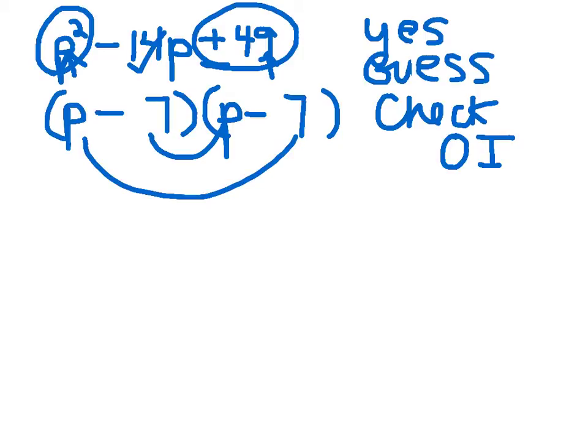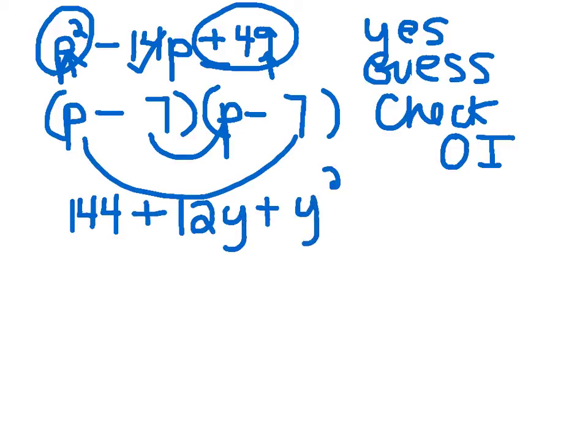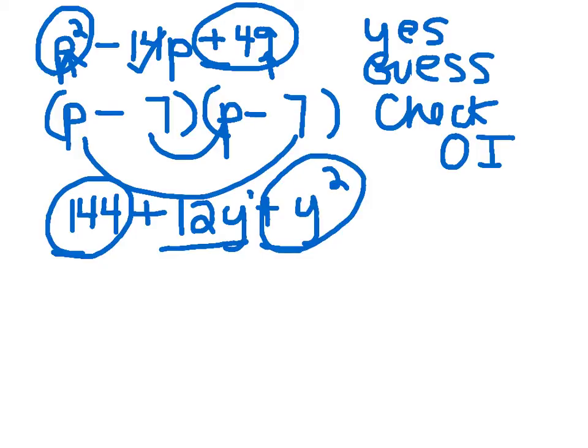I want to look at one where the variable is in the last place and see what we can learn about that. Let's say 144 plus 12y plus y squared. The middle term is still the linear term, having an exponent of 1, so this is okay. Sometimes they reverse these, and we're still looking for whether the first and last terms are perfect squares.